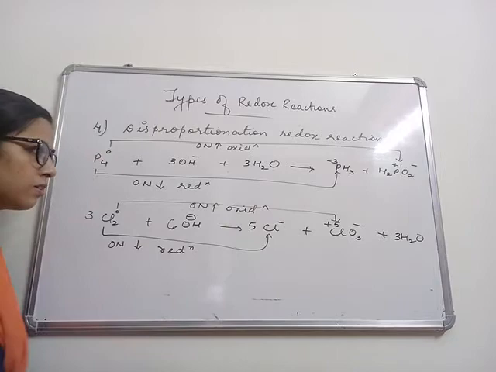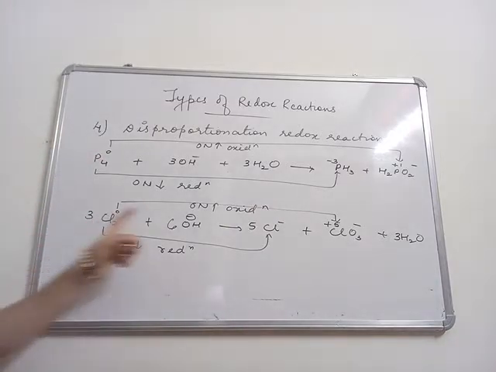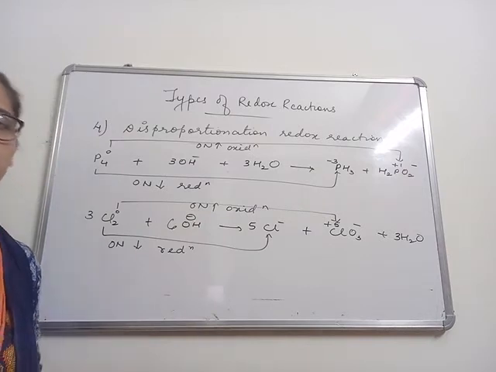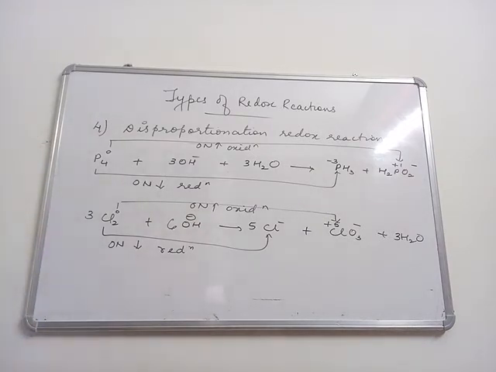So the simultaneous existence of the same element in three different oxidation states, it is undergoing reduction and it is undergoing oxidation. Such reactions are called disproportionation redox reactions. So these are the types of redox reaction.